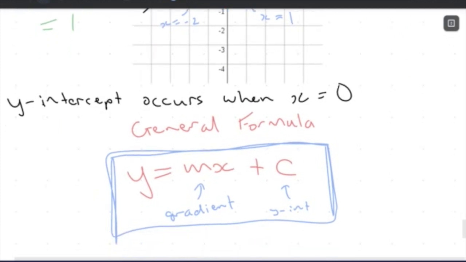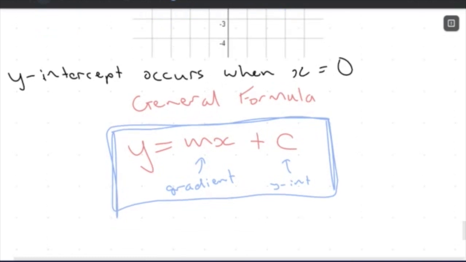And that tells us everything we need to know about our graphs, about our linear relationships. We have a gradient, we have a y-intercept. And this form of our linear equation is what we call the intercept gradient formula, because it tells us two key parts: what our gradient is and what our intercept is.